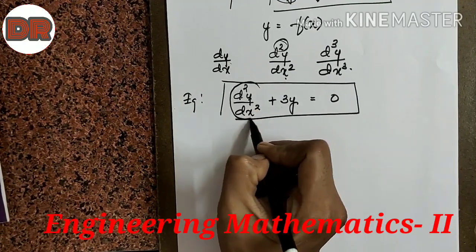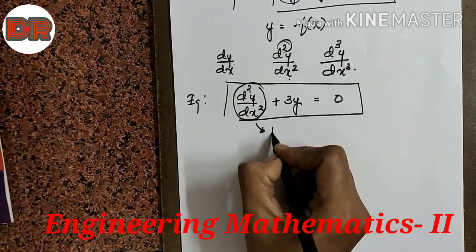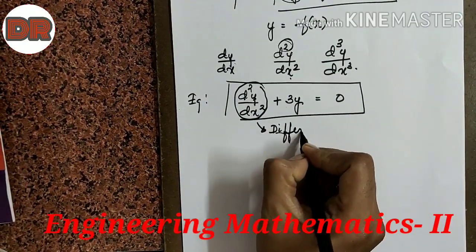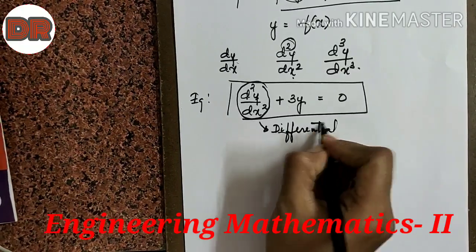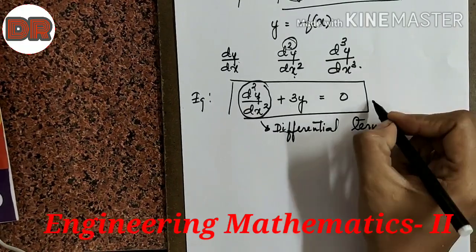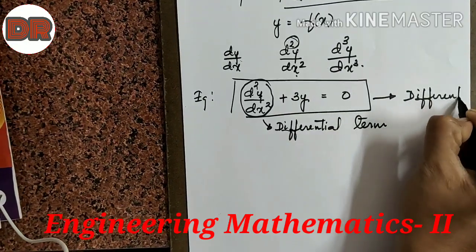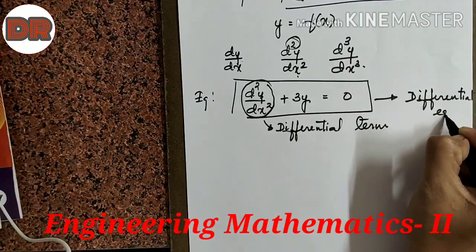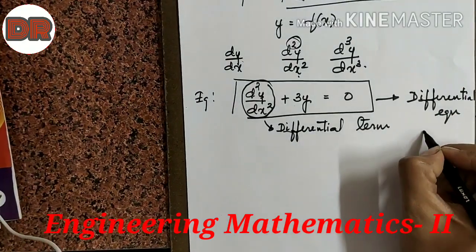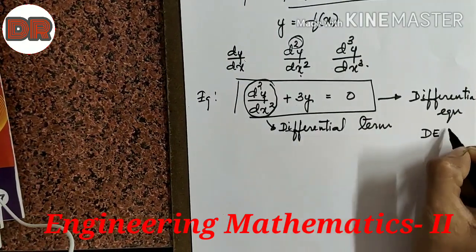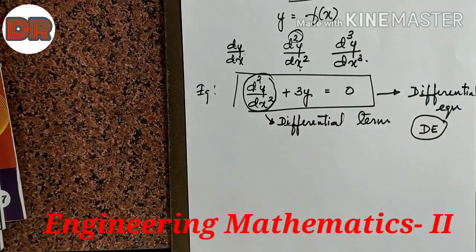So this is a differential term, and this equation becomes a differential equation. Or I can write just DE. DE stands for differential equation.